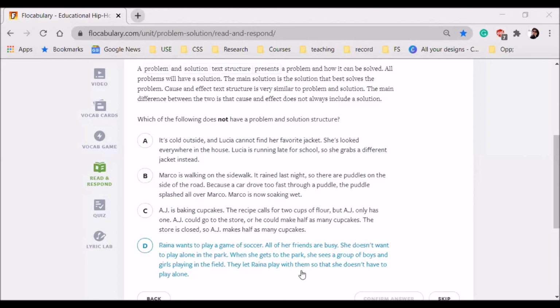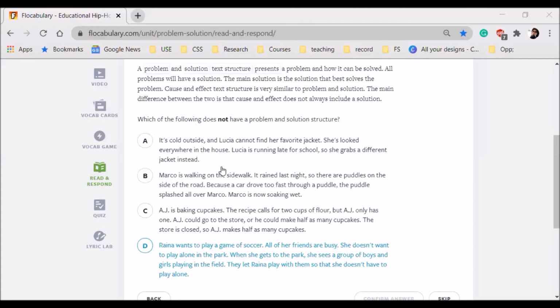So they let Raina play with them so that she doesn't have to play alone. So that's kind of a solution. The problem is that she wants to play the game of soccer and all of her friends are busy. So that's the solution approach.